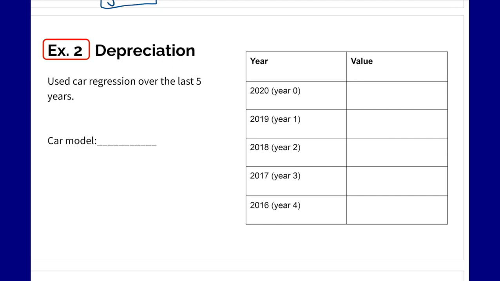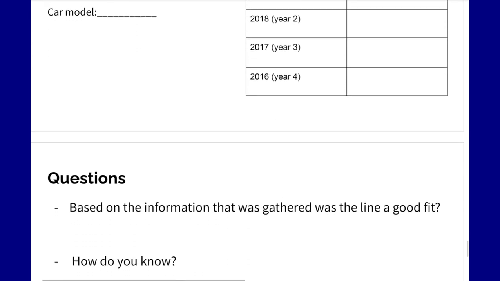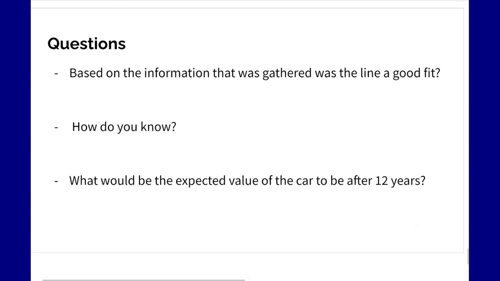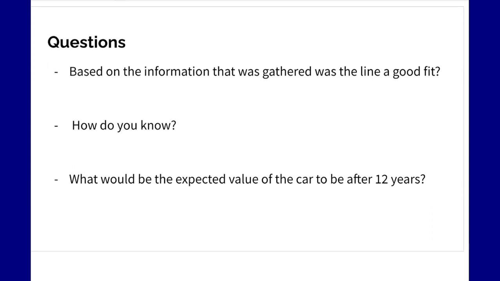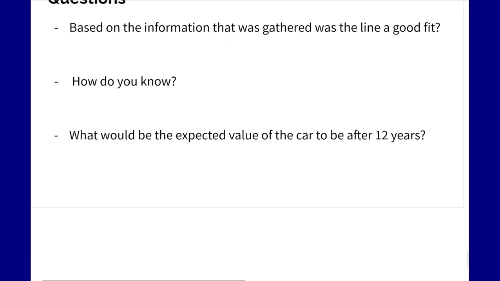You're going to find it in 2018, write down the value, and so on. Then we're going to do the same thing that we just did, but for depreciation instead of appreciation. And then we're going to use that to figure out, if I bought the car in 2020, after 12 years, how much would it be worth? Again, I'll let you try that on your own, because we don't have specific car data in class. We're going to collect that on our own.